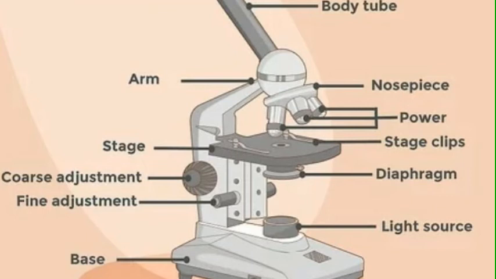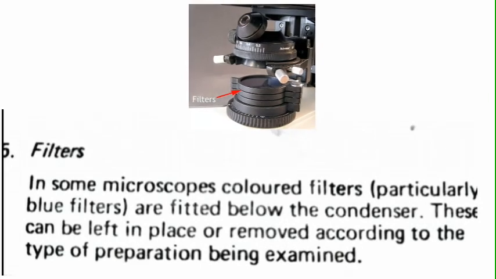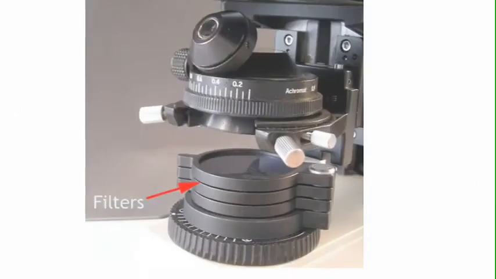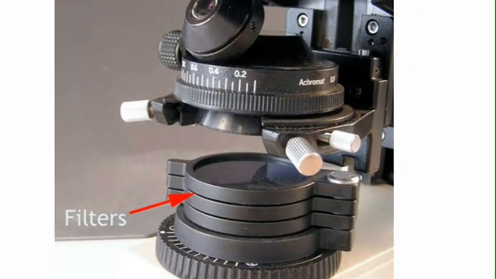Consequently, the greater the numerical aperture and the smaller the details seen, but the contrast is correspondingly less. Fifth, filter. In some microscopes, colored filters, particularly blue filters, are fitted below the condenser. These can be left in place or removed according to the type of preparation being examined.